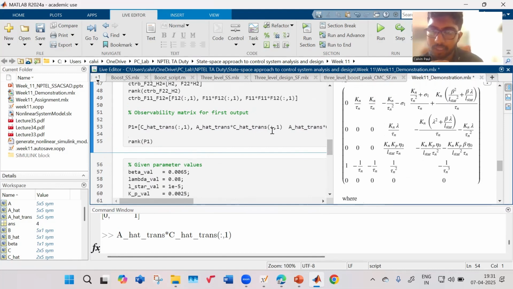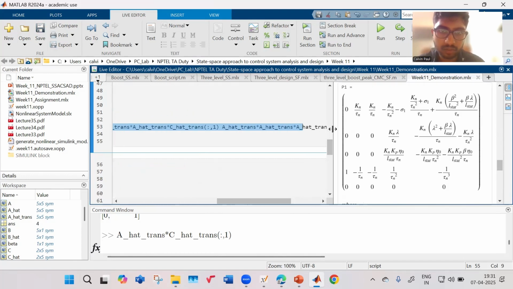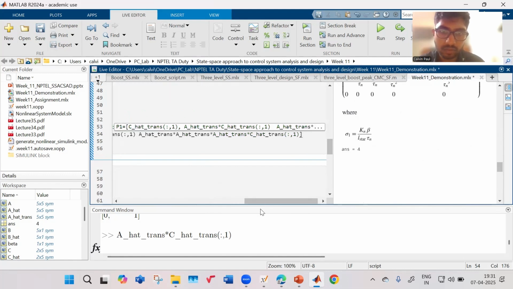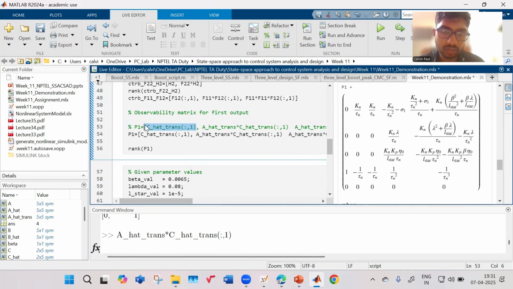Okay. What is a way to make it simpler? Yes. This is seen in the C hat transpose model.